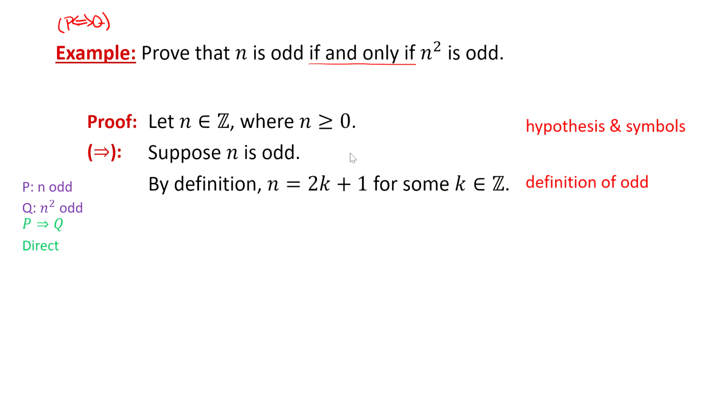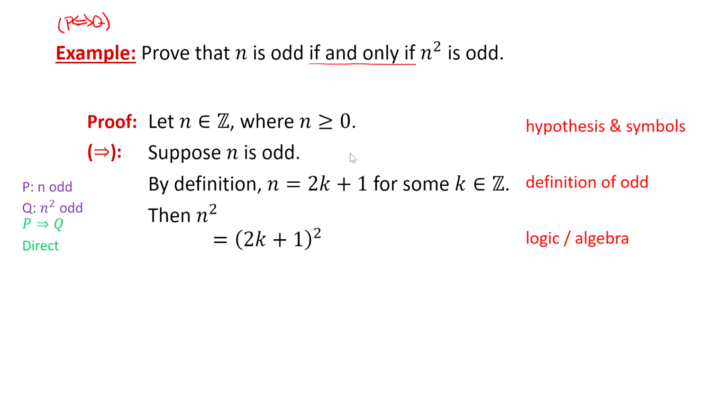Can we actually get to n squared being odd yet? And the answer is not yet, but we can start rewriting n squared to make it easier. So let's look at n squared. We know that n can be rewritten as 2k plus 1 just by the definition of odd. So if we plug it in, n squared is really the same as writing 2k plus 1 whole quantity squared.